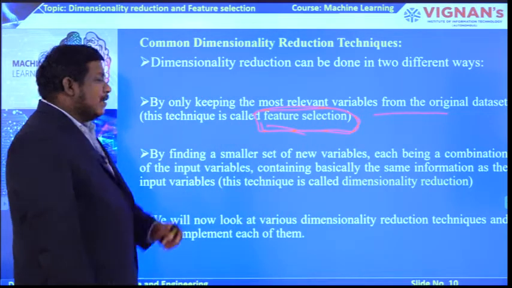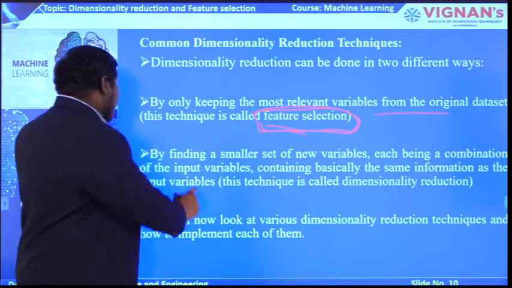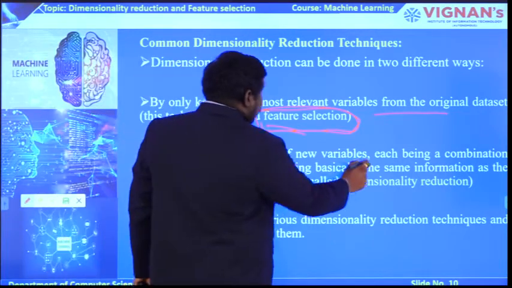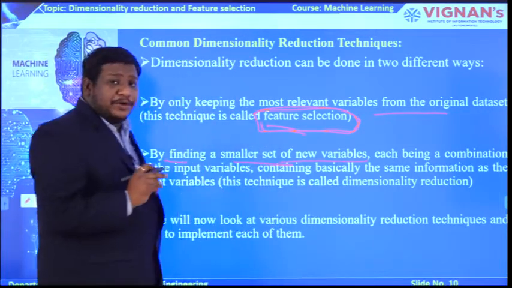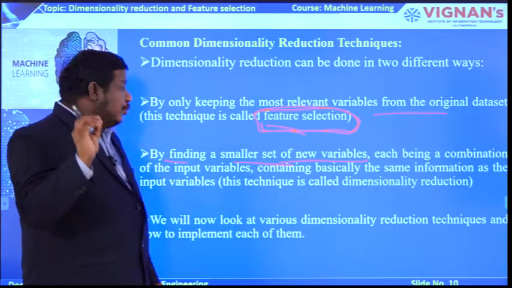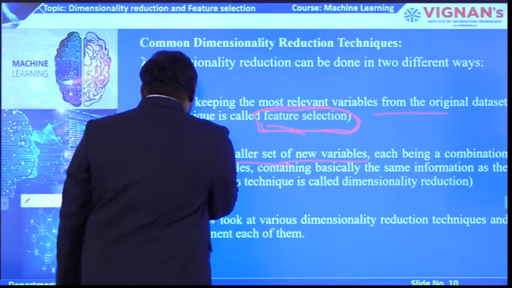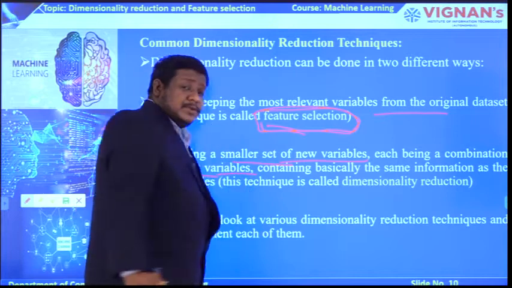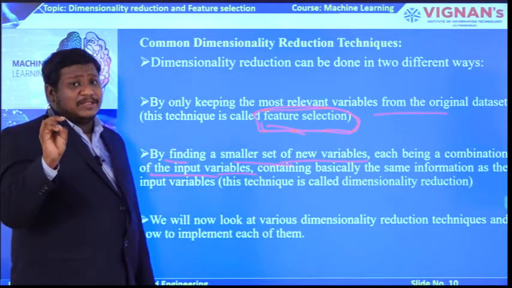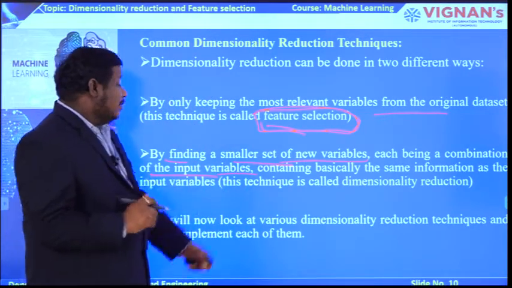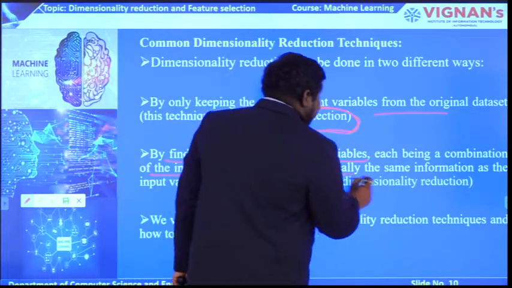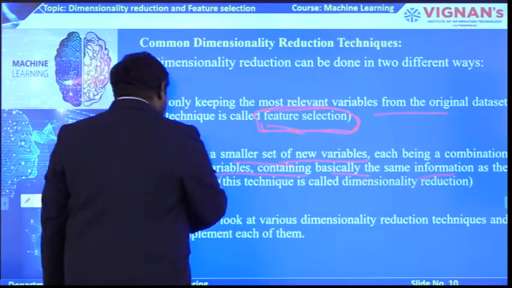And of course the second one is dimension reduction. Here we find a smaller set of new variables, each being a combination of the input variables, containing basically the same information as the input variables.